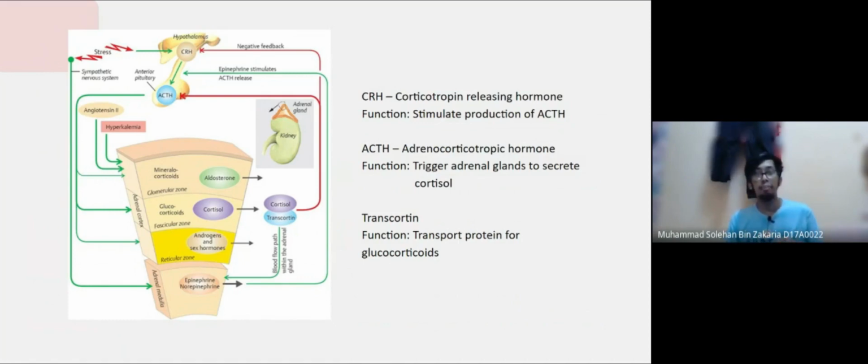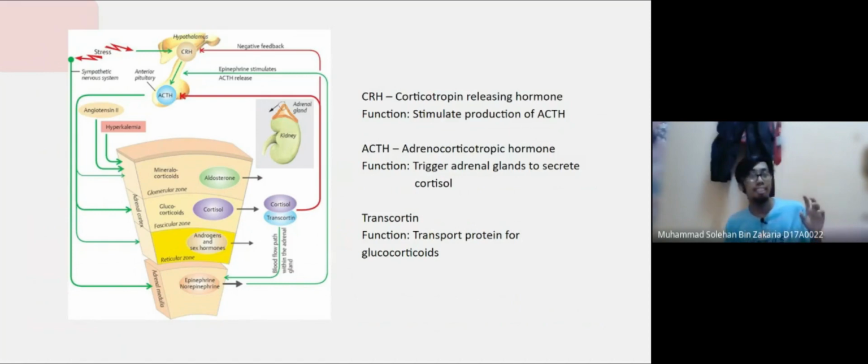This will then secrete ACTH, the adrenocorticotropic hormone, which then triggers the adrenal gland to secrete more of its hormones, which are the mineralocorticoids, glucocorticoids, and also the androgens and sex hormones. However, the ACTH mainly affects the fascicular zone, stimulating the increased production of cortisol.